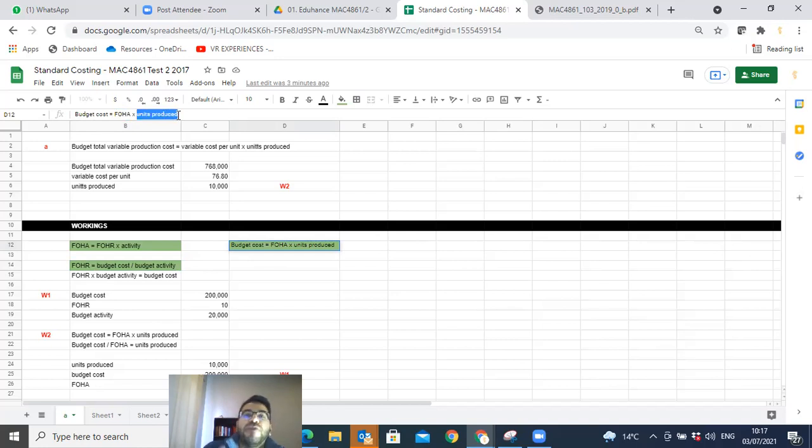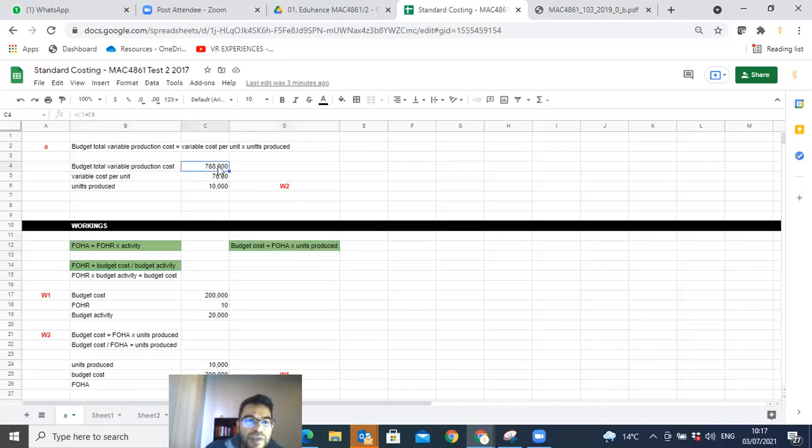That's also going to help you to find the missing figure. Whatever is not given is going to have to be calculated somehow through these formulas. Okay, very important. Train your mind to start thinking in that way.